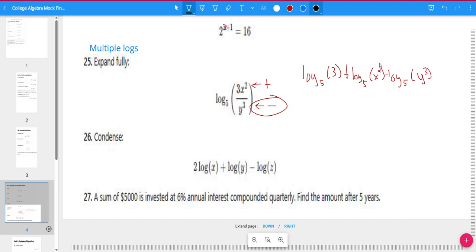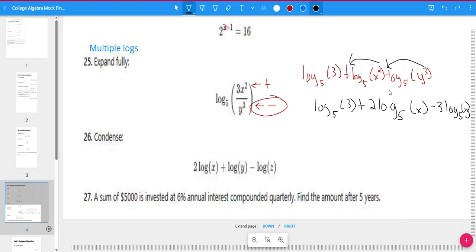If I move the exponent to the front, I get log base 5 of 3 plus 2 log base 5 of x minus 3 log base 5 of y. So I broke it apart with this plus and minus rule.